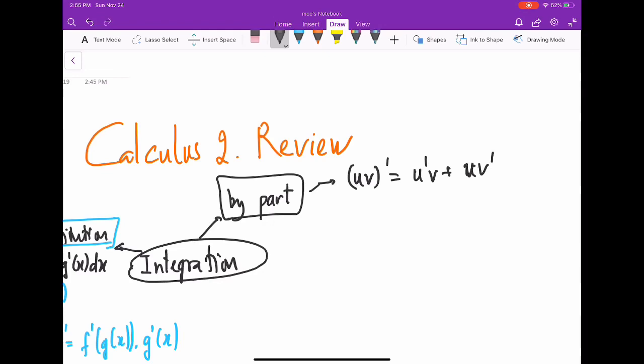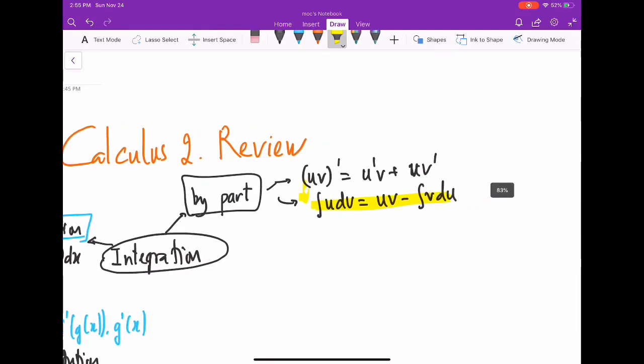And the integral of u dv equals uv minus the integral of v du. Basically this formula is a direct consequence of the product rule. You see that if you integrate both sides of the first identity, you get the second one.